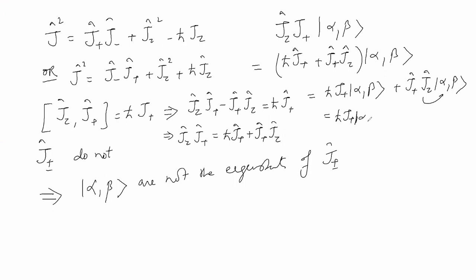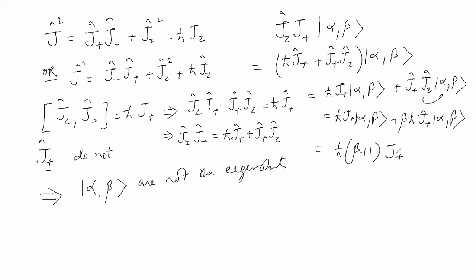Therefore, this is ħ J plus alpha beta plus beta ħ J plus alpha beta, and that means I can write this as ħ times beta plus 1 J plus alpha beta.